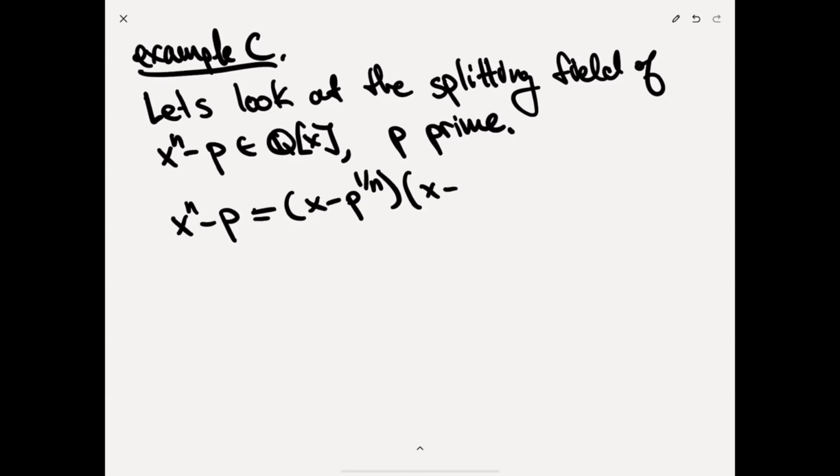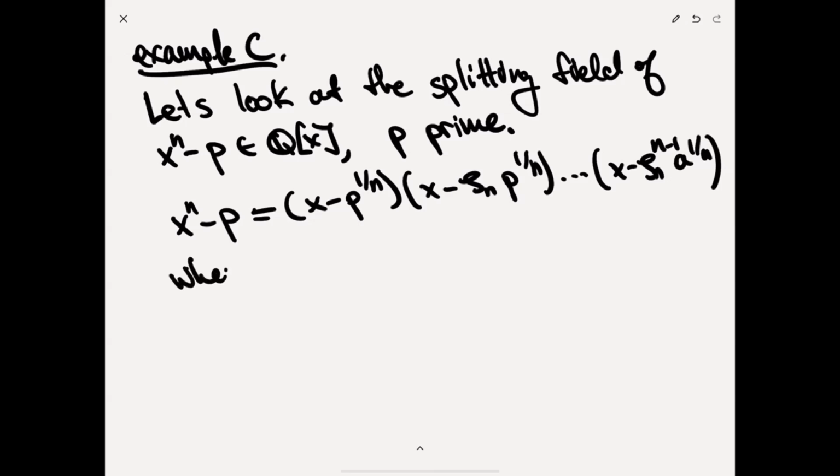Then we'll have x minus zeta n times p to the 1 over n, and so on, up to x minus zeta n to the n minus 1 times p to the 1 over n, where we have the following.